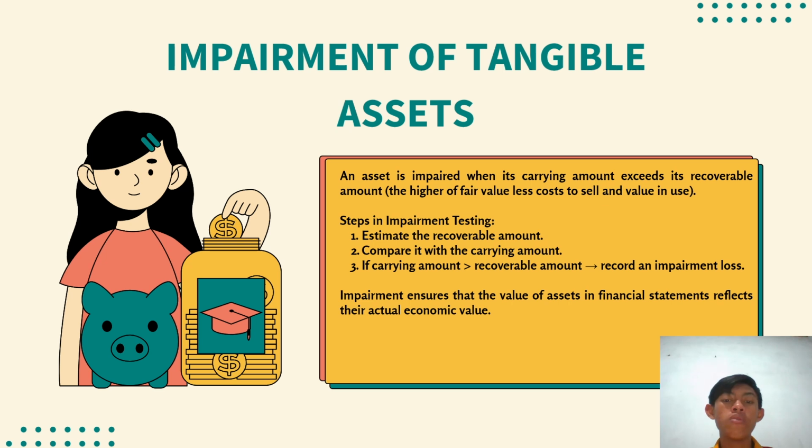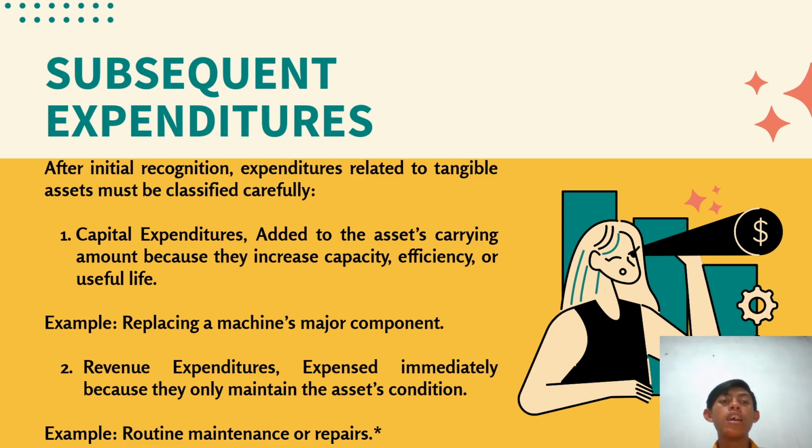Compare it with the carrying amount. And 3. If carrying amount is bigger than recoverable amount, record an impairment loss. Impairment ensures that the value of asset in financial statement reflects their actual economic value.